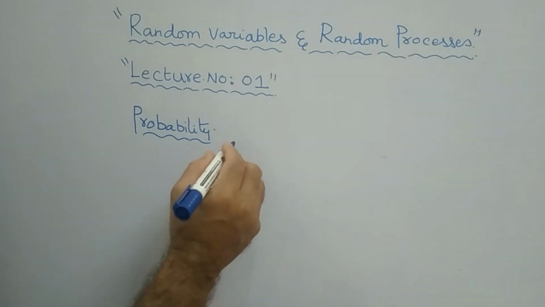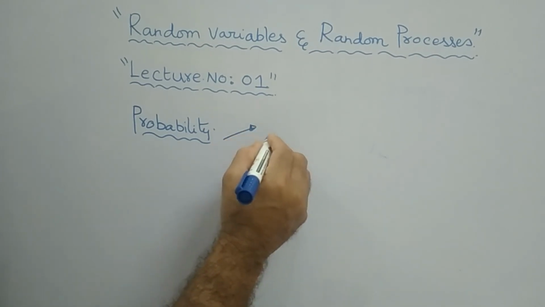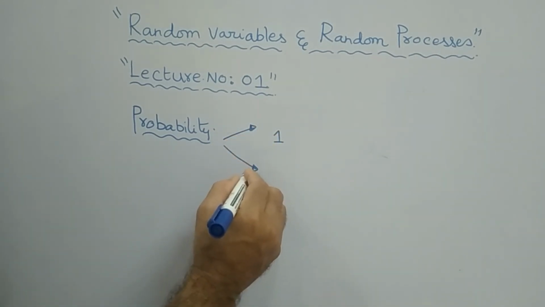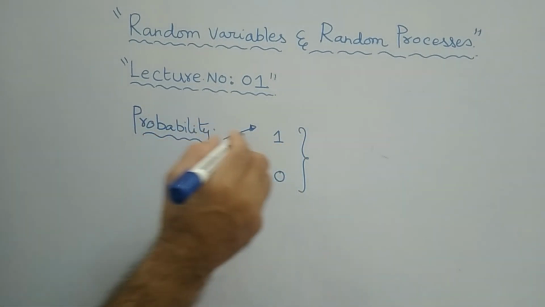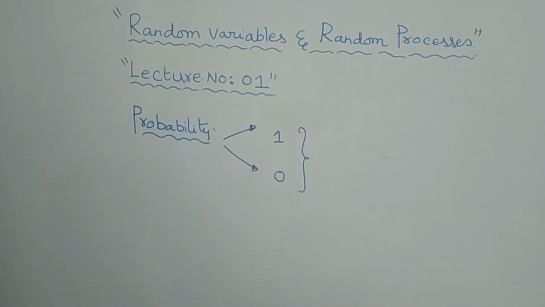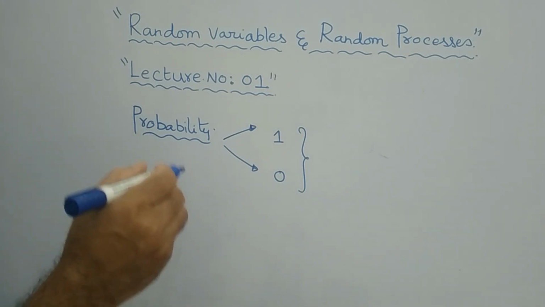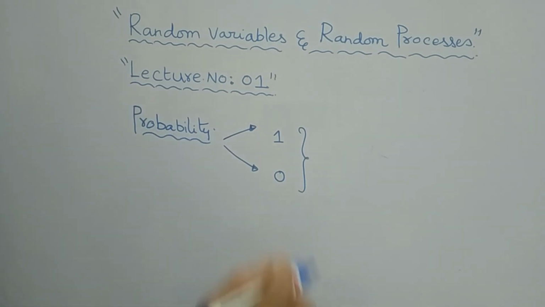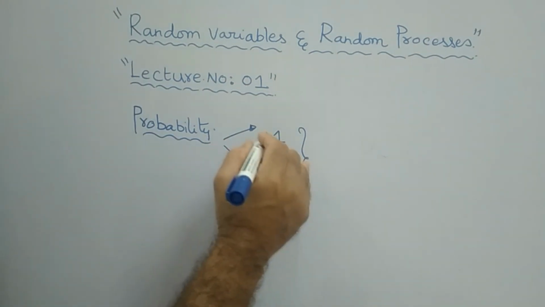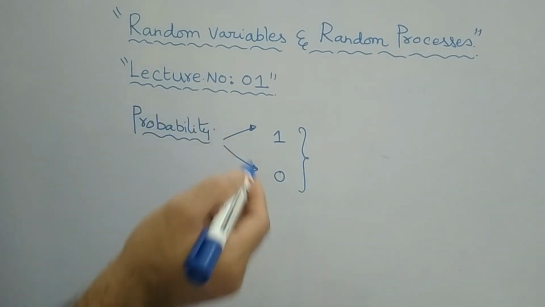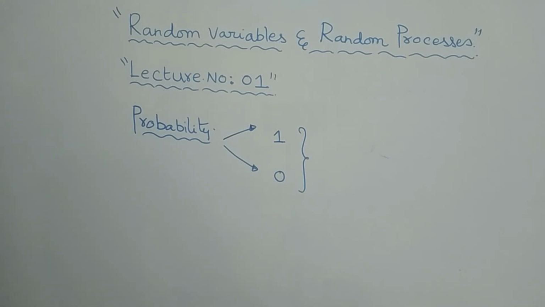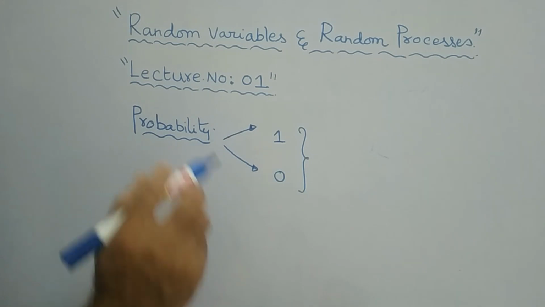The maximum value of probability is 1, whereas the minimum value is 0. These two are called the limits of the probability. If the probability is 1, the occurrence of the event is certain, meaning that event will definitely happen. And if that event or situation will not happen, then you say that probability is 0, right?